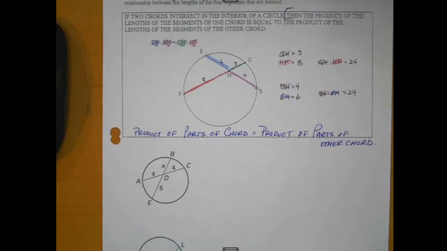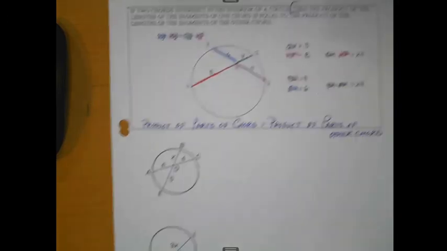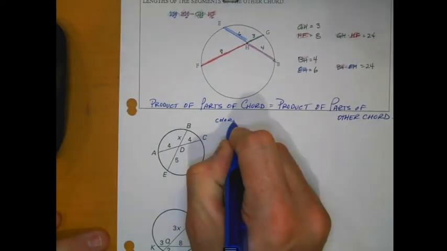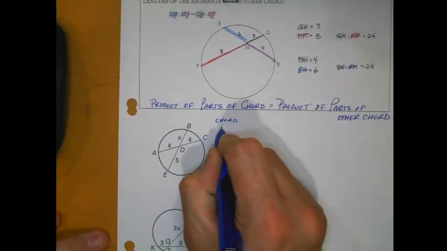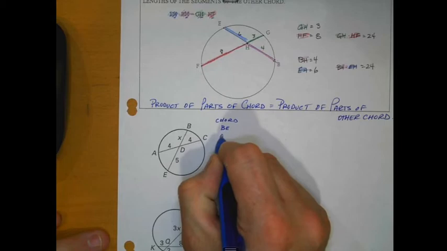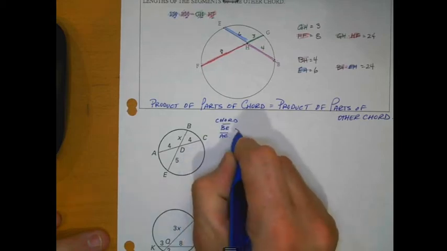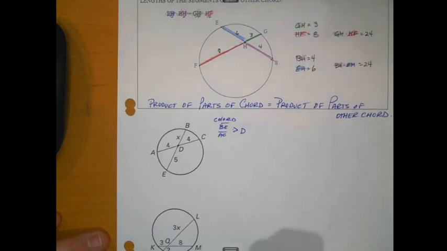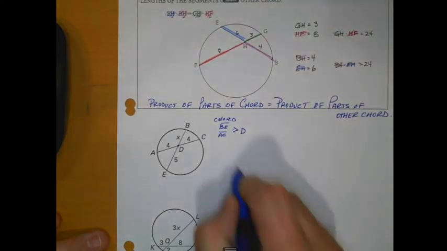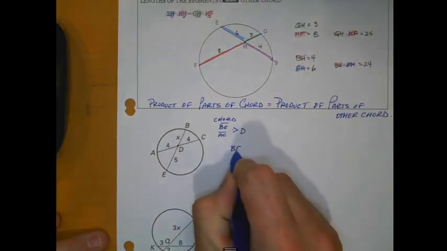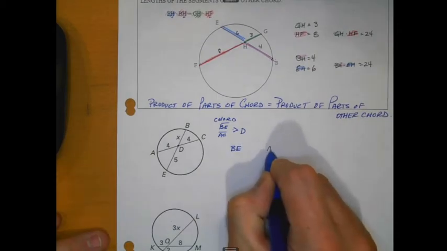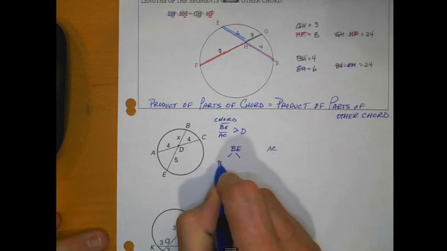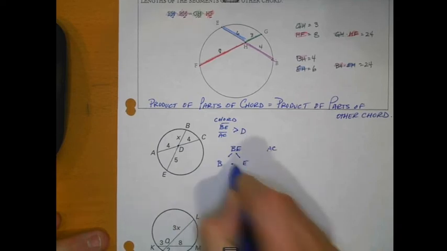All right, let's take a look at these two examples down here. Here we have two chords. We have BE, and we have AC, and they intersect at point D. So B and E, we're going to multiply.